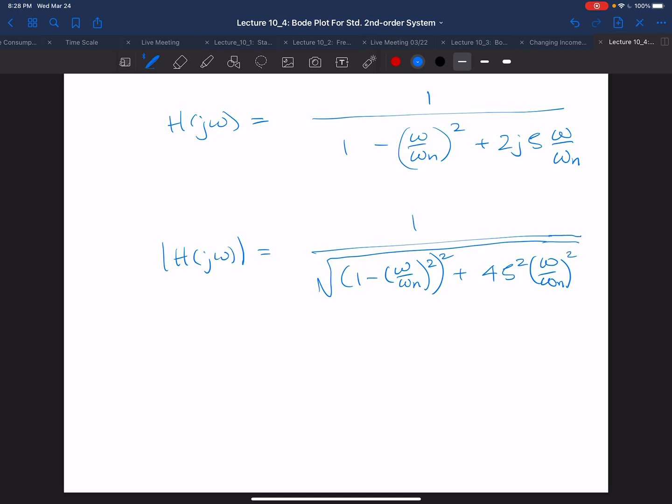Now obviously this is nonlinear, so in order to sketch the curve when this is expressed in decibels, we will look for the low and high frequency asymptotes.